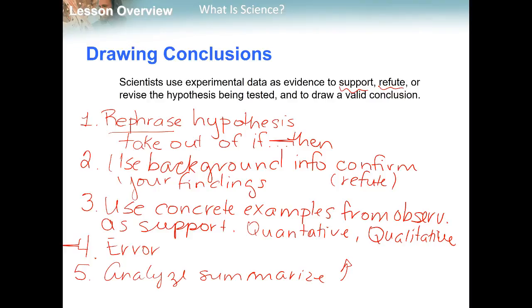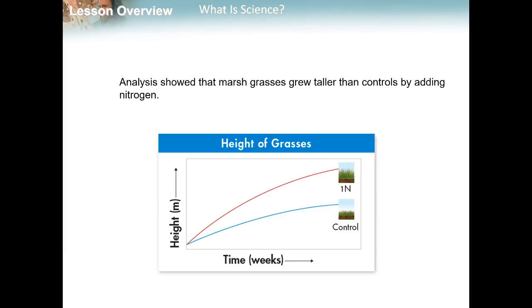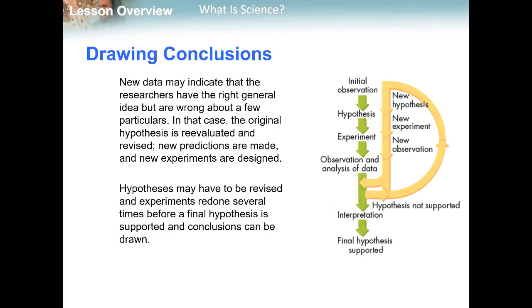I'm just going to pull everything together. It's called a summation, but it's going to pull everything together and say, hey, this is what it is. So when you're making conclusions, I want to see those 5 parts in the conclusions in order to make it a valid conclusion. So our analysis showed that the marsh grass grew taller than controls by adding the nitrogen. So that's what our analysis is, and then we can draw that conclusion.